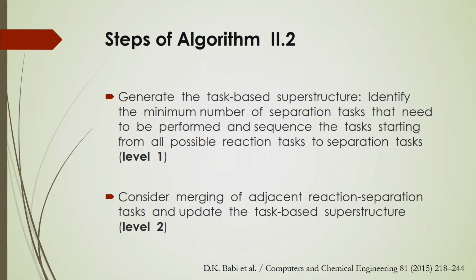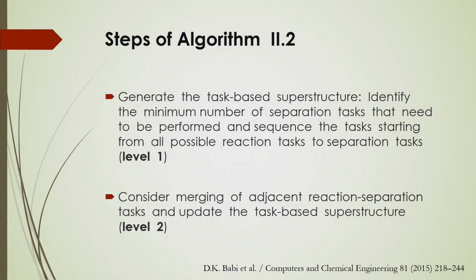Now in this case there are two levels to be considered here. In the first level you have to generate the task based superstructure. In that case identify the minimum number of separation tasks that will actually need to be performed, and sequence the tasks starting from all possible reaction tasks to separation tasks there.